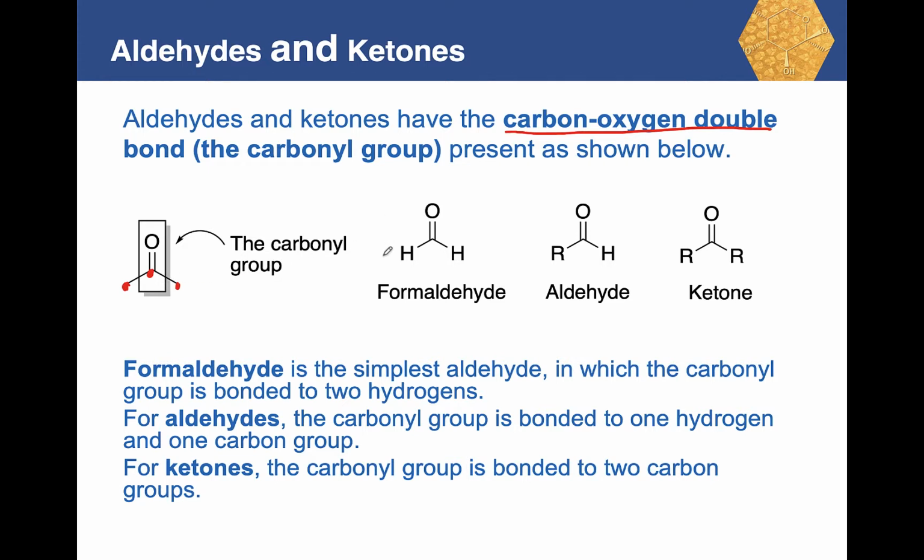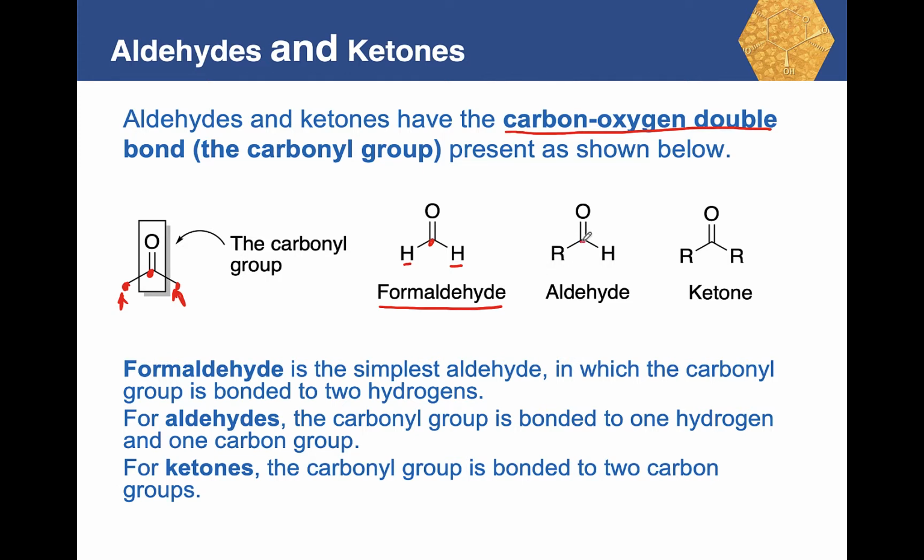For example, if both were hydrogens bonded right here and here, so here's the carbonyl or the carbon-oxygen double bond. This is a specific molecule and it's known as formaldehyde. That's the main ingredient in preserving most of the biological organs that we see in the biology lab. Here's another type of compound, an aldehyde.